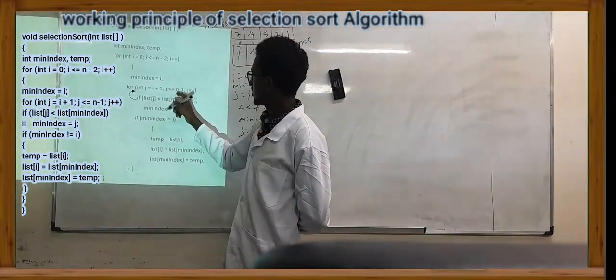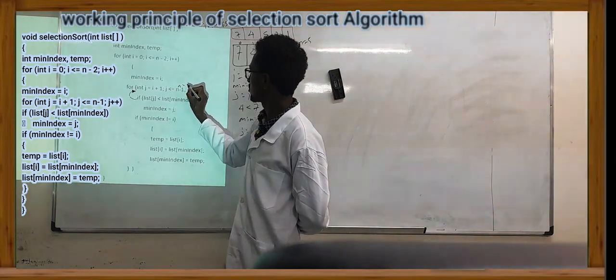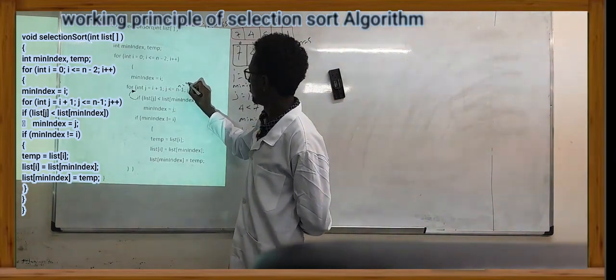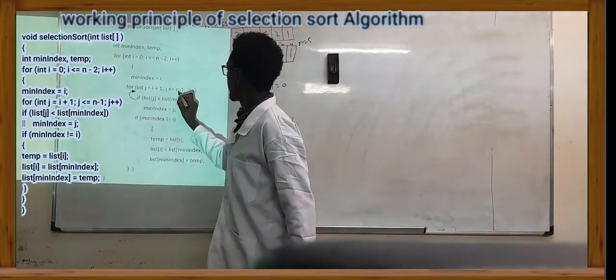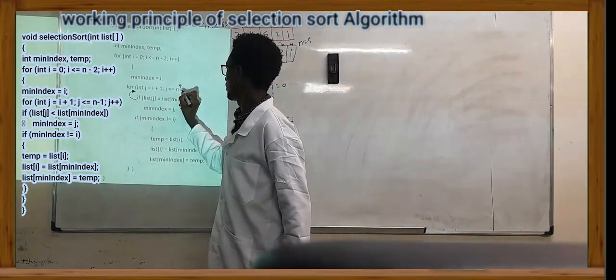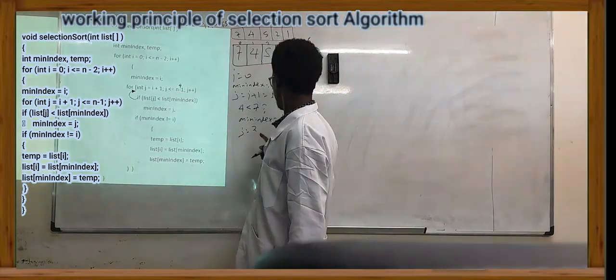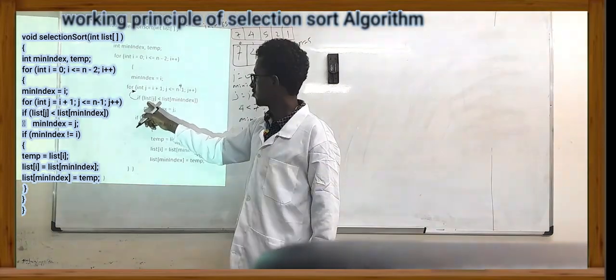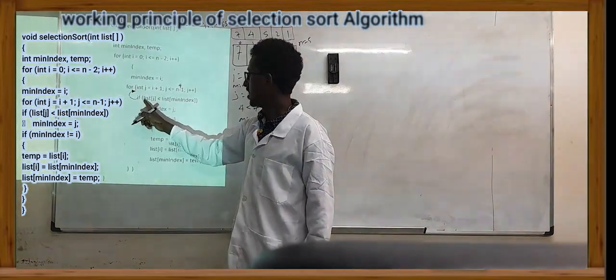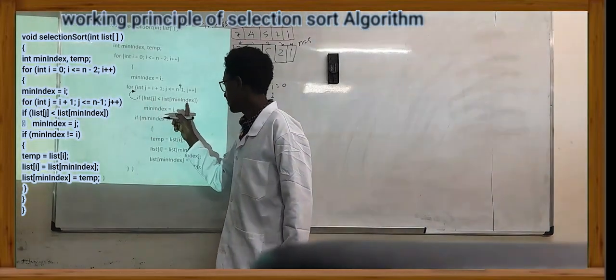Is 2 less than n minus 1? Here n is 5, and 5 minus 1 is 4. Therefore, j is 2, and 2 less than or equal to 4 is true. Then go back to the if statement: list of 2 less than list of min index.